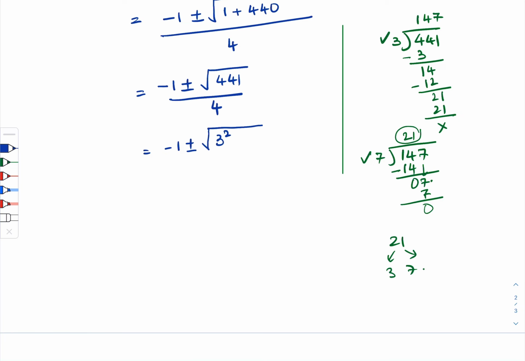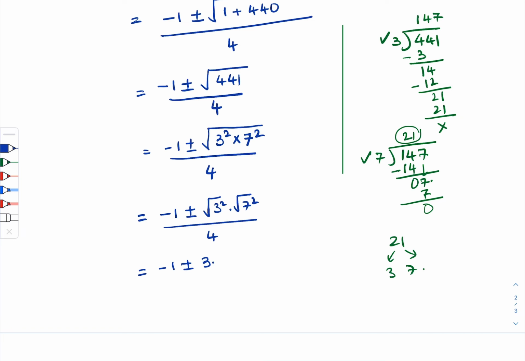So I can write that as 3 squared times 7 squared over 4. That gives me minus 1 plus minus square root of 3 squared times square root of 7 squared over 4, which is equal to minus 1 plus minus 3 times 7 over 4, which is equal to minus 1 plus minus 21 over 4.